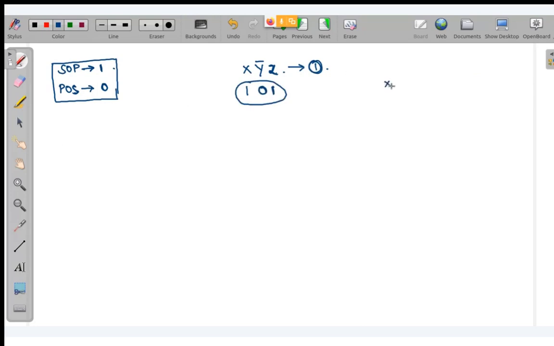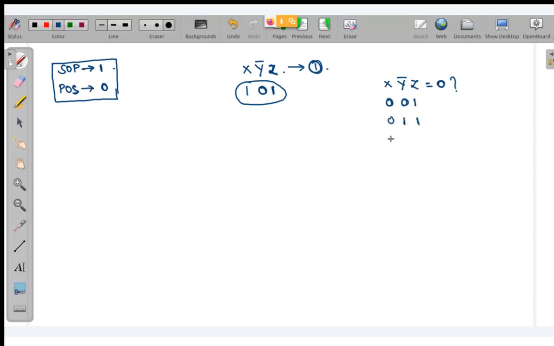Now let me ask you, when this will be equal to 0, can you give me a unique such sequence? You cannot give me a unique sequence. Why? If you take something like this, it will be 0. Even if you take this, it will be 0.